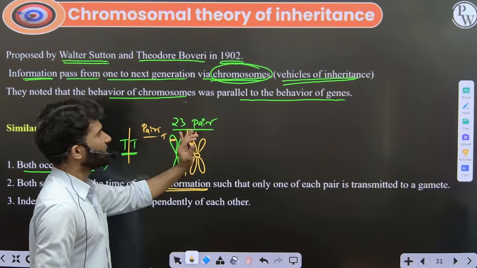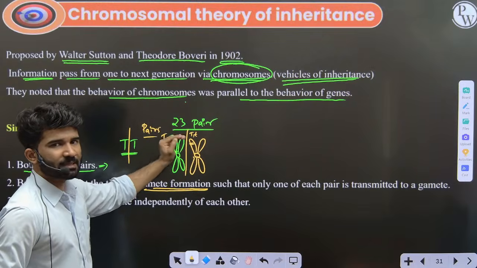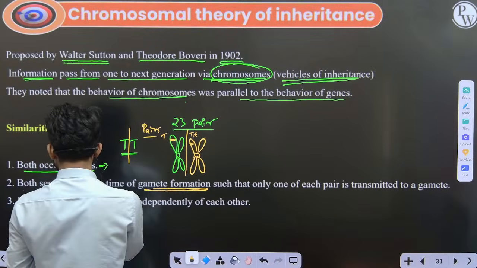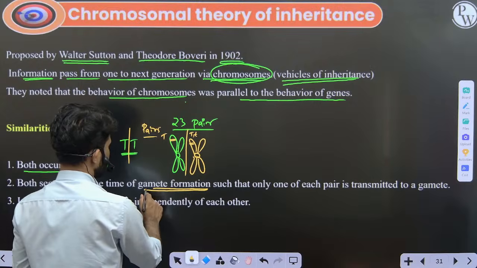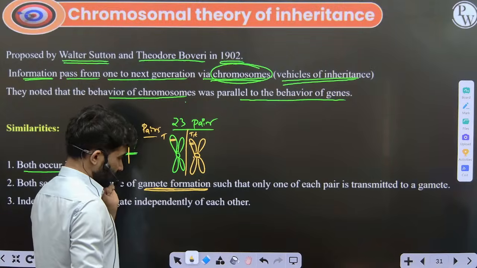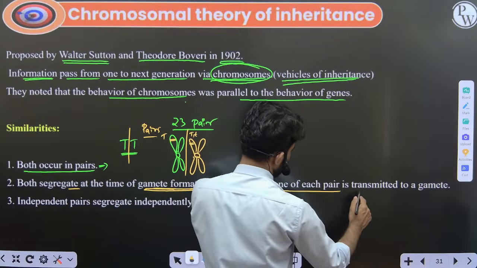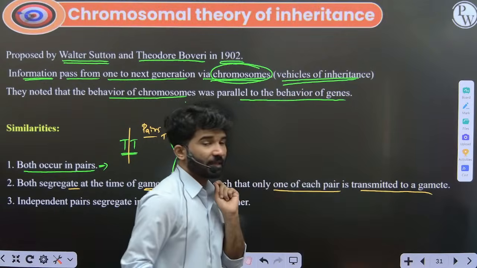Only one of each pair is transmitted to the gamete. Why?